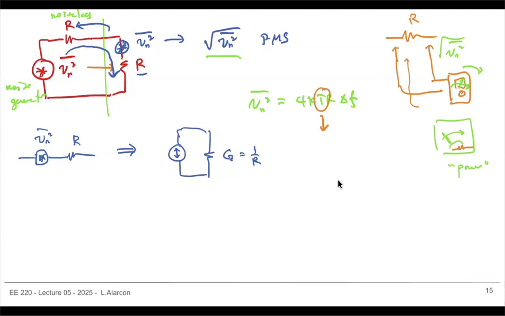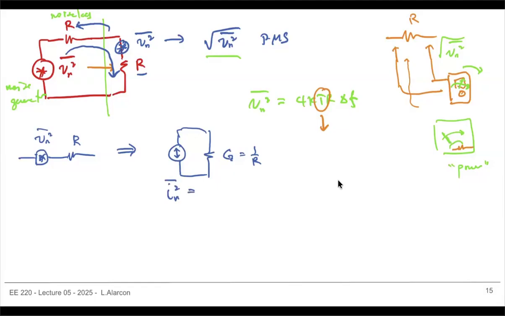The direction is not significant because we don't really know the actual instantaneous value of the current. It could be going up, could be going down. And I can just have the mean square current.